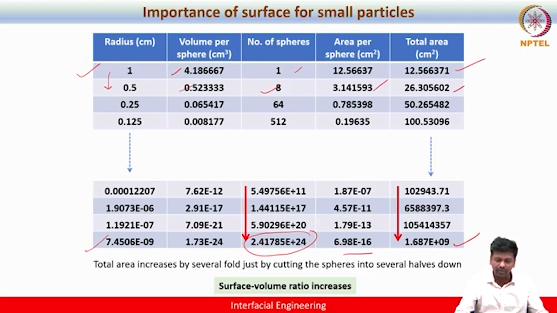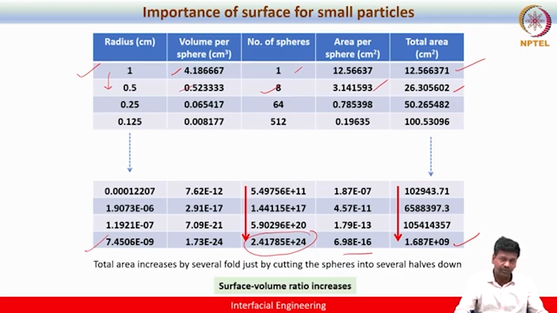So we started with a surface area of 12.56 centimeters square, but now we have at least 2 into 10 power 9, which is at least 9 orders greater than what we had initially, right?